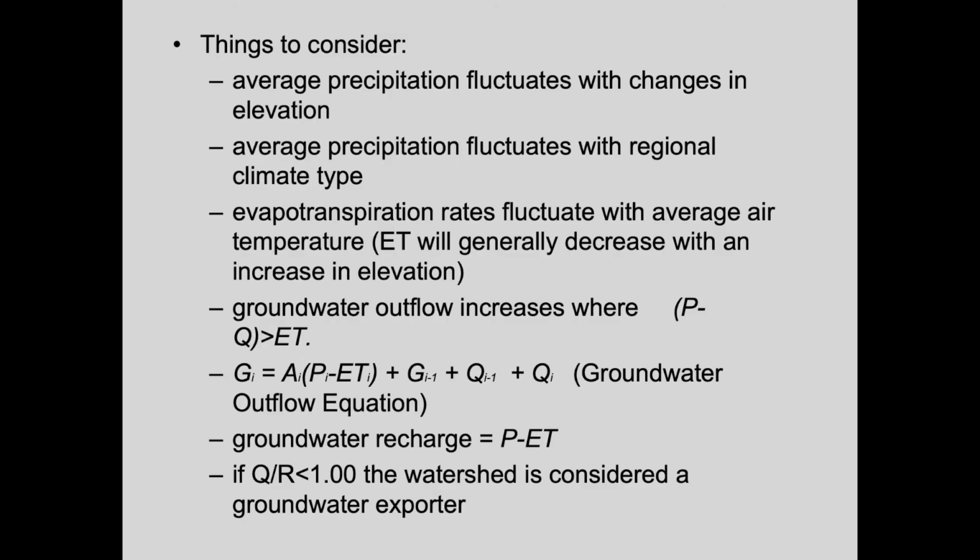Let's consider a handful of other principles and concepts that are associated with the outflow of water resources within a watershed environment. So here are some of the principles that we'll want to keep in mind.